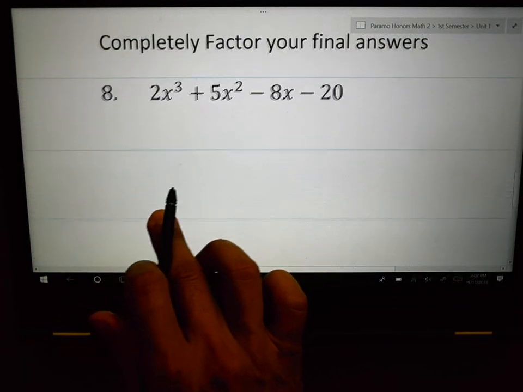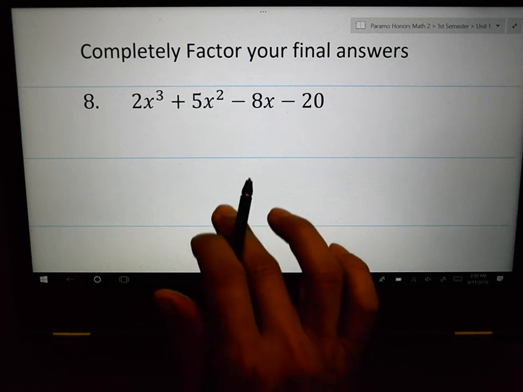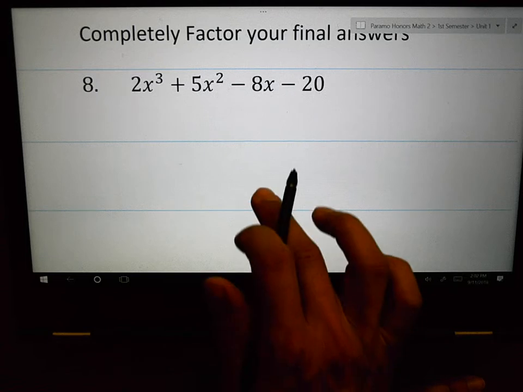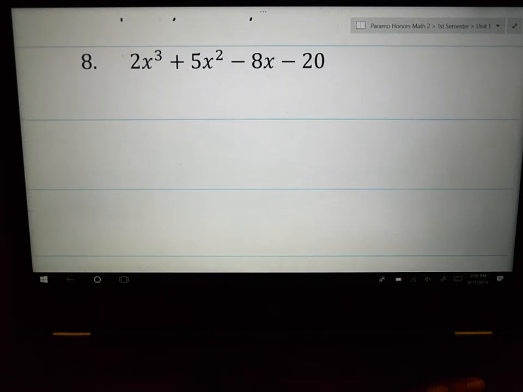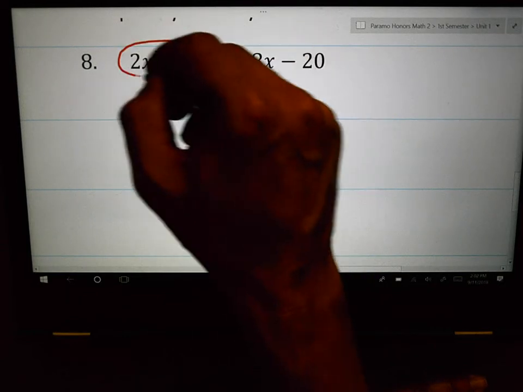Two more examples. Number 8. Completely factor your final answers. I say that because sometimes you're going to have to keep going. Is there a GCF of everything? No. So let's go ahead and then look at just terms 1 and 2.